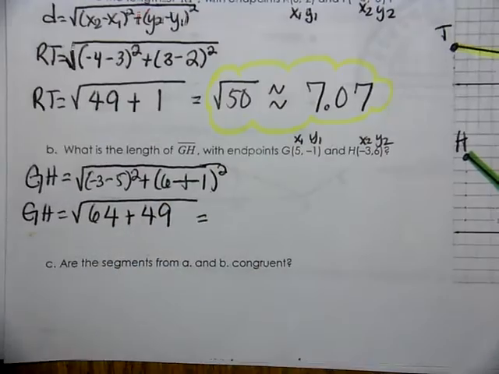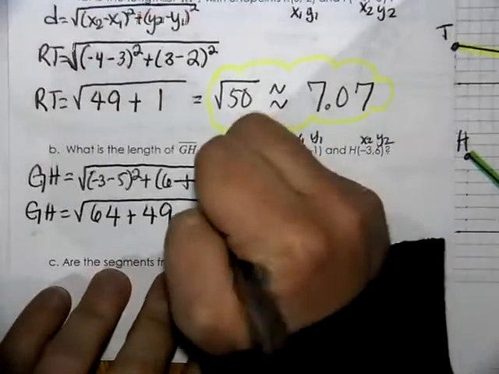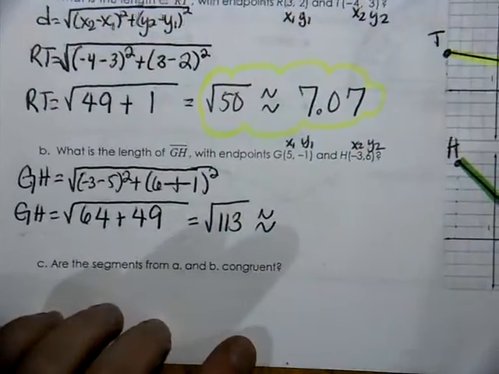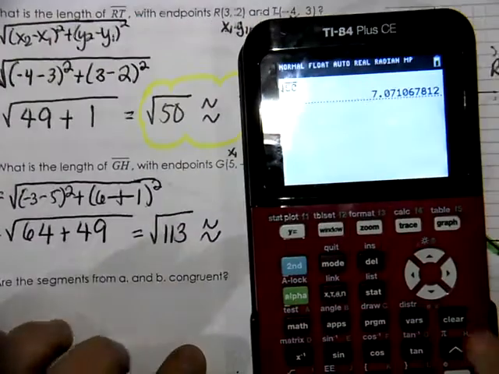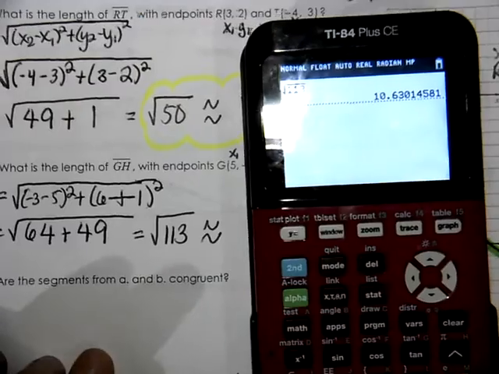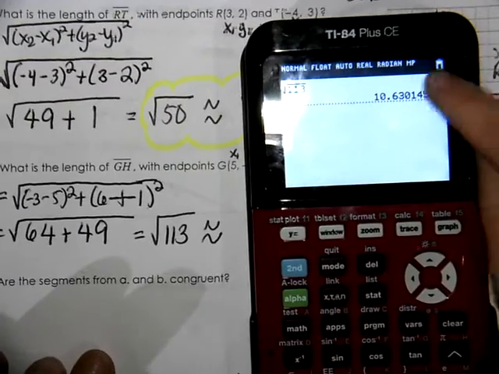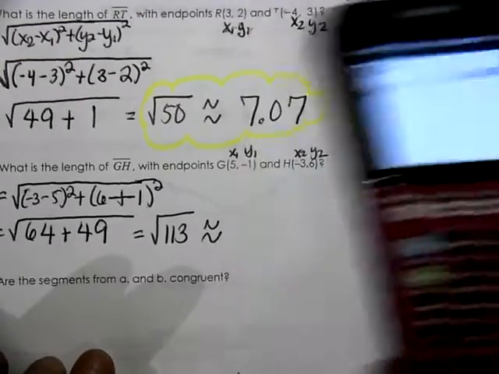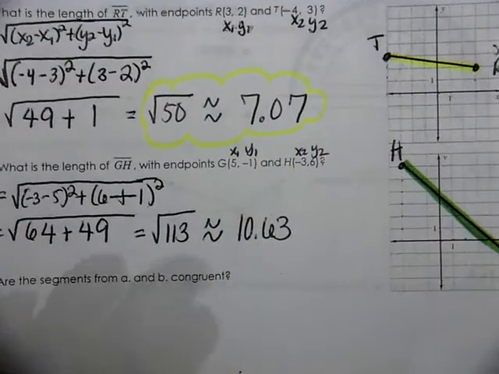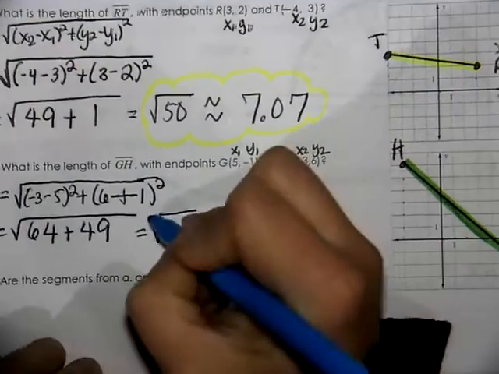So this equals 64 plus 49, which is the square root of 113. And we're going to put that into our calculator. And I end up with 10.63. There's a 0 at the end, which means that I just keep it the same. So I'm going to write 10.63. And there we go.